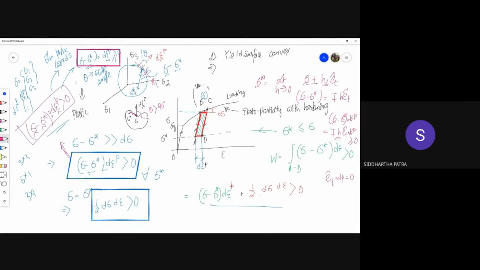That means if sigma star is at the boundary very close to sigma, and it can be on either side, and this condition still has to be satisfied, the only way that is possible is if d epsilon p is normal to the tangent, or by that I mean it is normal to the yield surface.